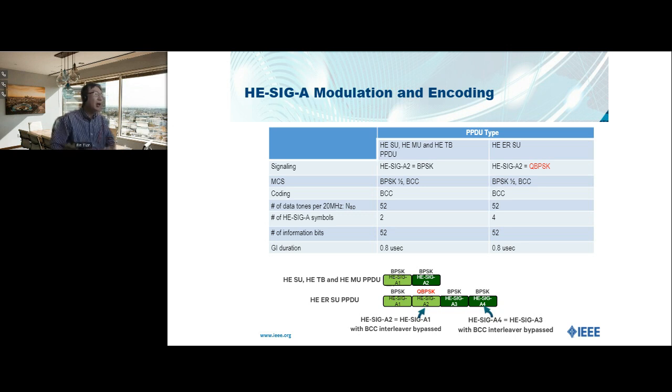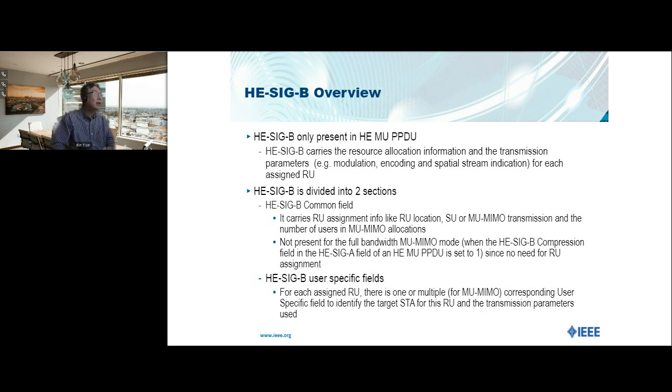The reason we change by 90 degrees here is for packet classification, to distinguish ERSU from the SU packet and other packet formats. Now let's go to the HE-SIG-B portion.